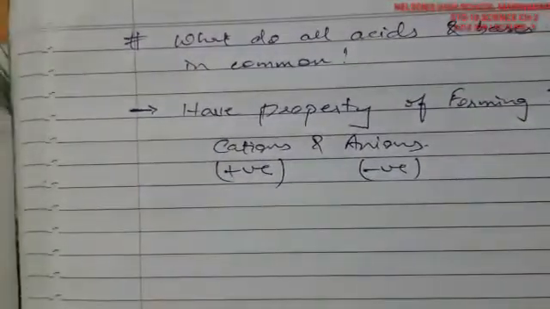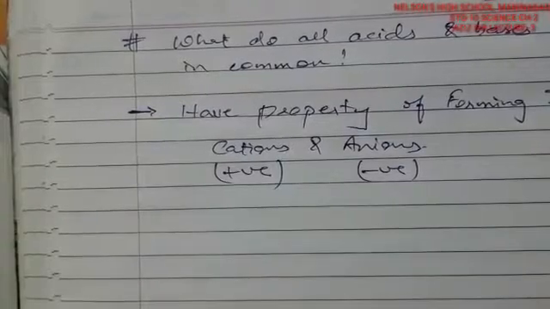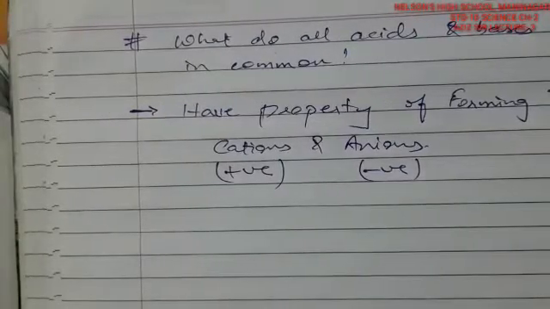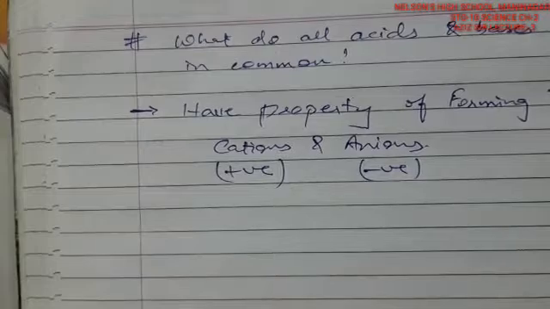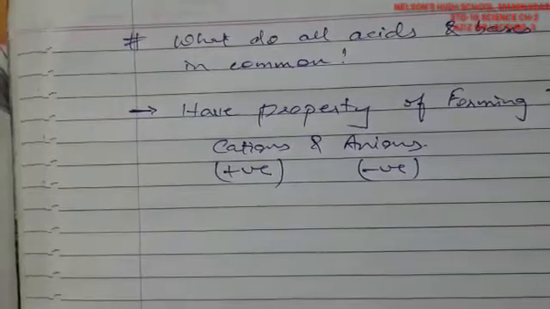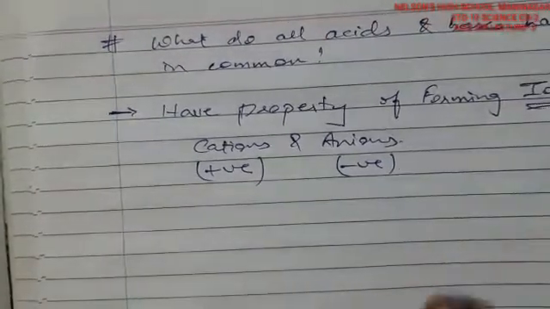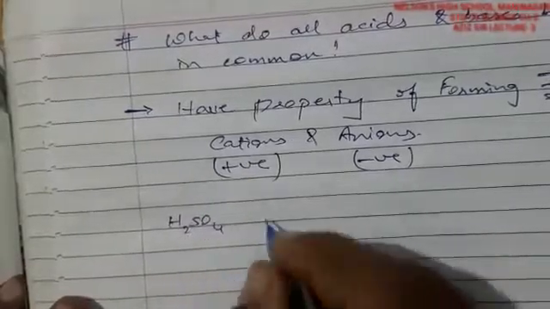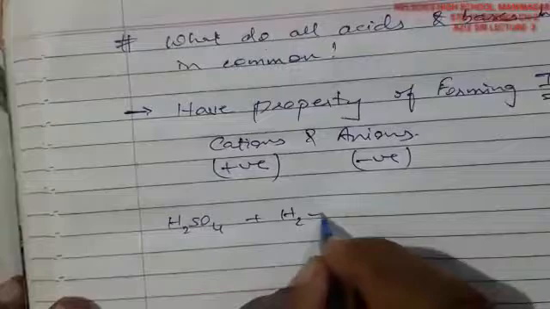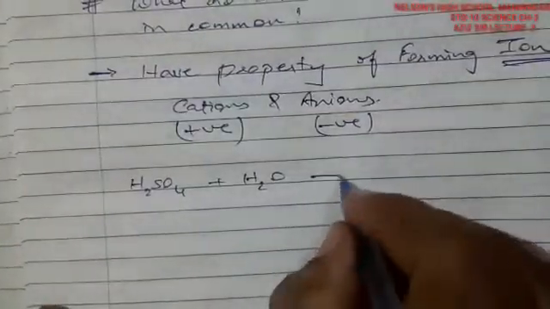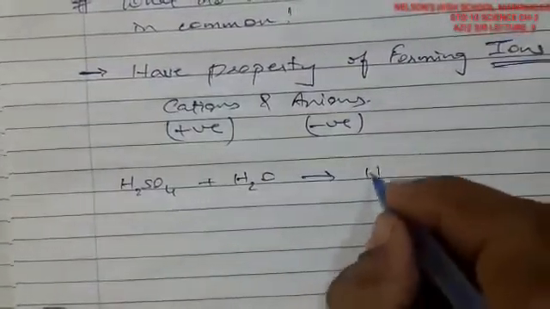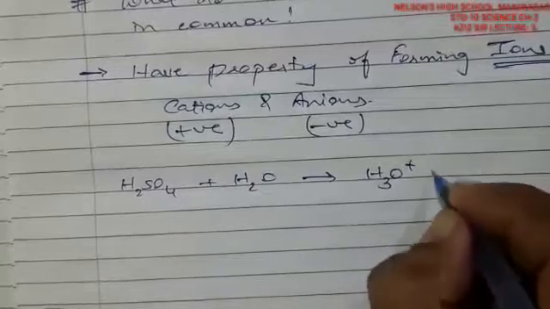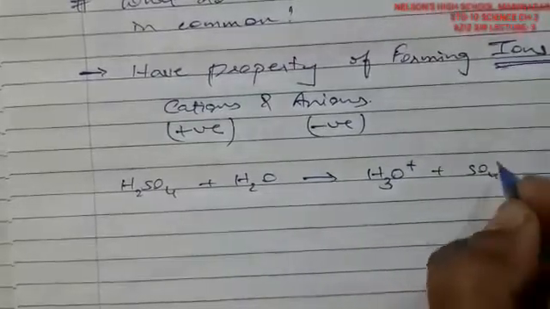How does it happen? When electric current is passed through a solution of either acids or bases, they form positive and negative ions. Suppose we take sulfuric acid H2SO4. It reacts with water molecules, and they get ionized, forming the hydronium ion H3O plus and SO4 2 minus.